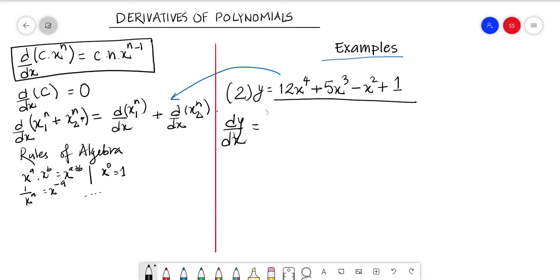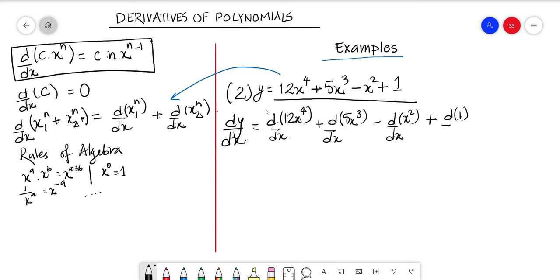Then this would be the derivative of the first term in terms of x plus the derivative of the second term in terms of x minus, because here is a minus, the derivative of the third term, plus the derivative of the last term in terms of x. So now this is simplified into this basic term. Alright, this one looks familiar, easy.